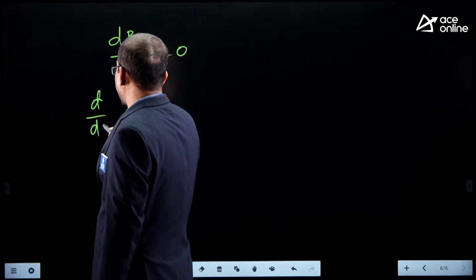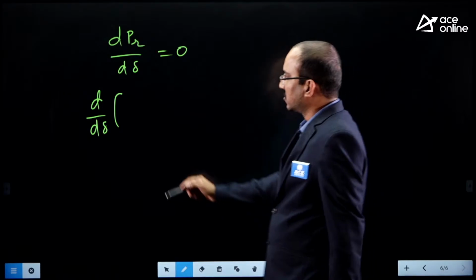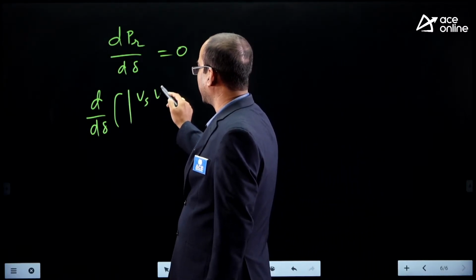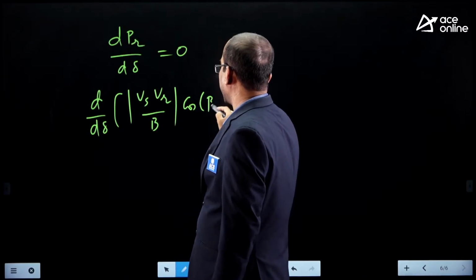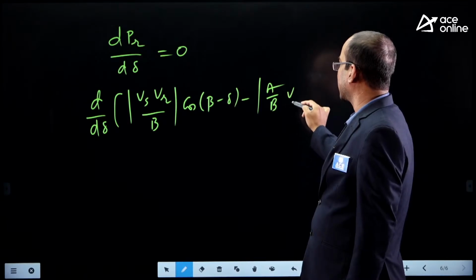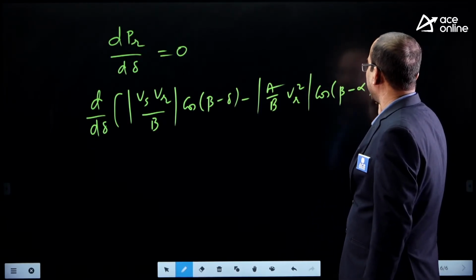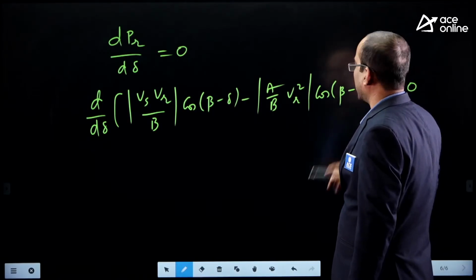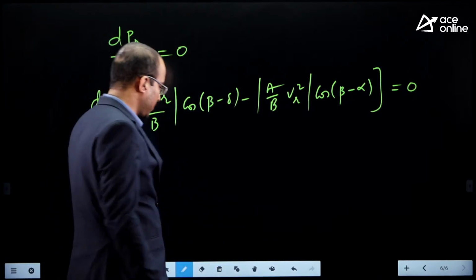So d by d delta of Vs VR by B cos of beta minus delta minus A by B VR square cos of beta minus alpha is equal to 0.